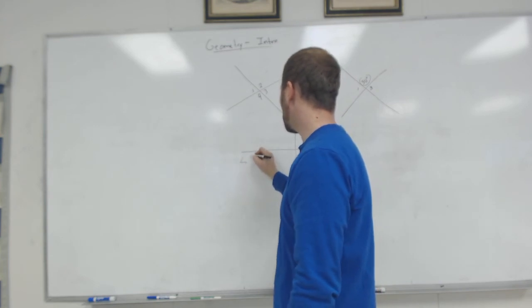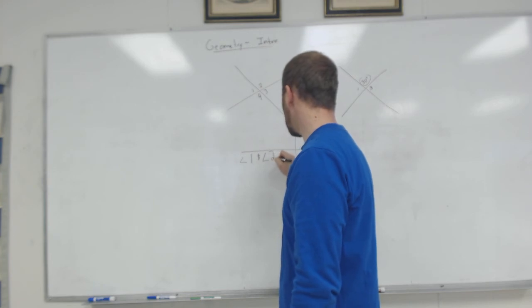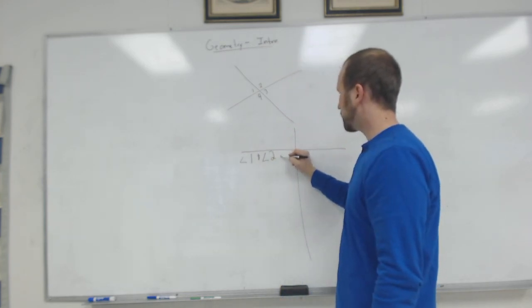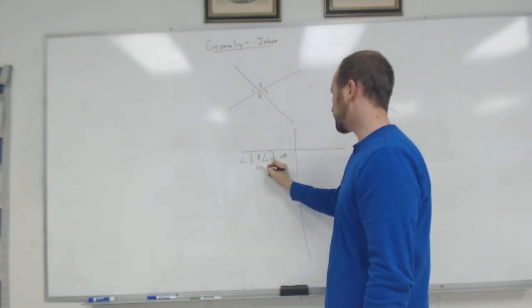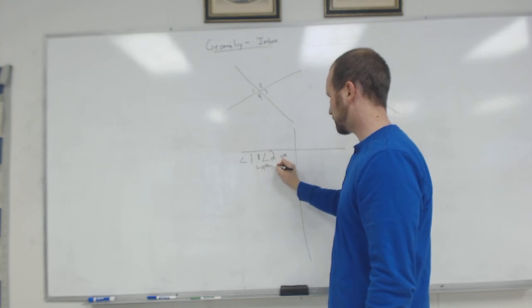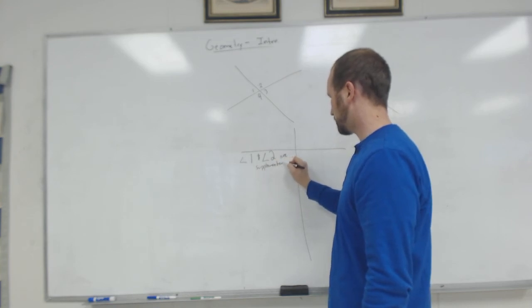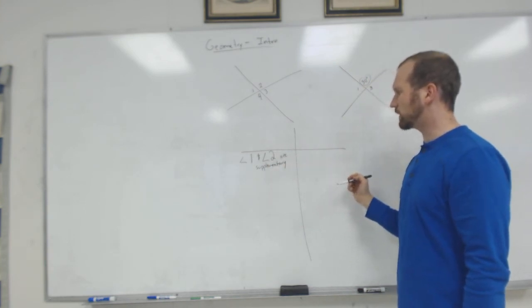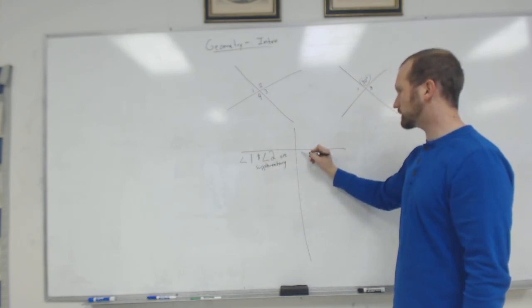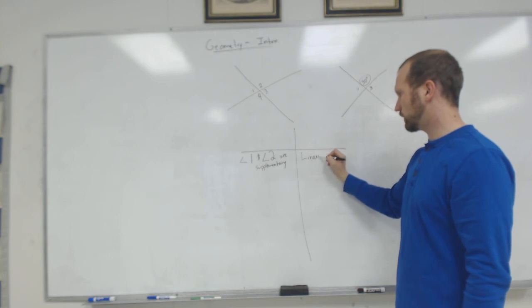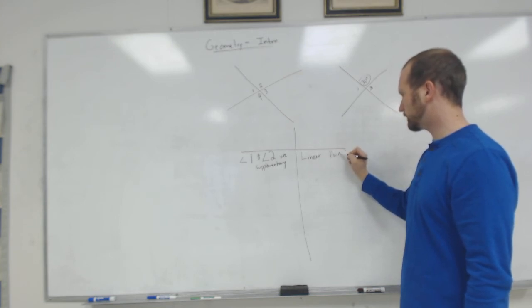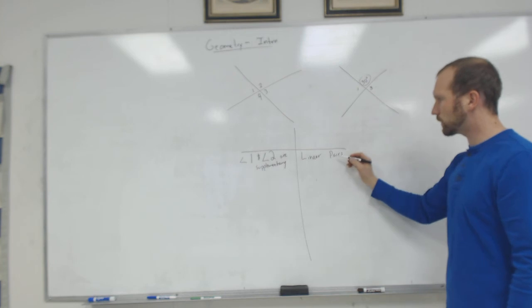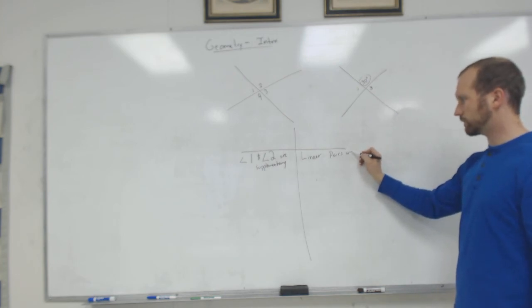Angle 1 and angle 2 are supplementary. Yeah, but you have to prove it. Angle 1 and angle 2 are supplementary, and we know this because they're linear pairs. And linear pairs are supplementary.